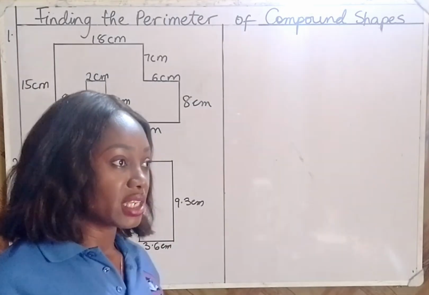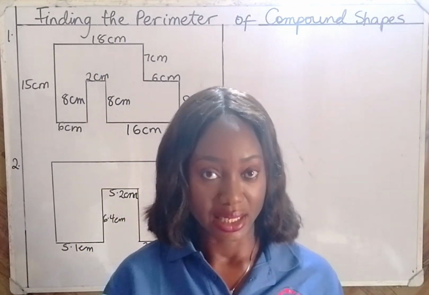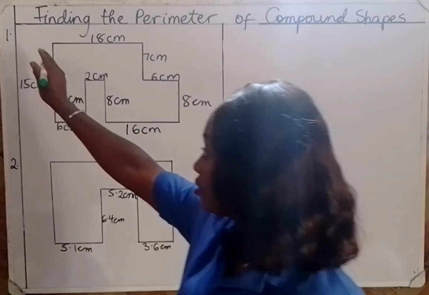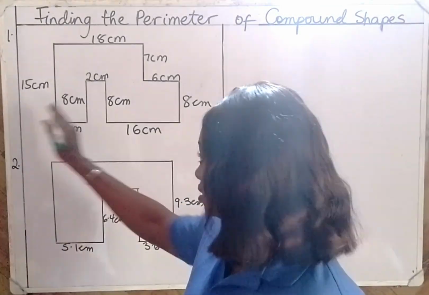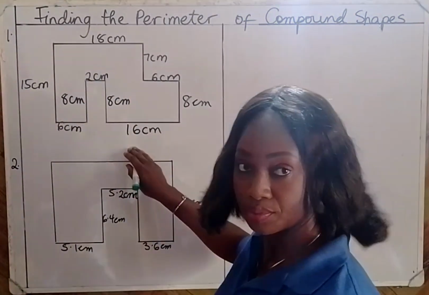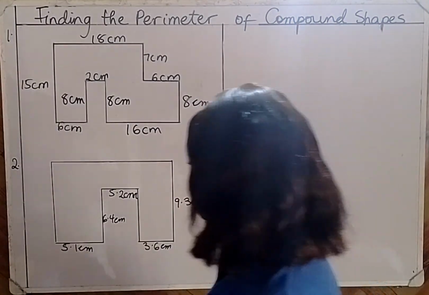In calculating perimeter, you need to make sure that the vertical and the horizontal sides are balanced, are equal. These two vertical sides must be equal, which is 15 and 15, and then the horizontal side must also be equal. Alright, which is also very important.